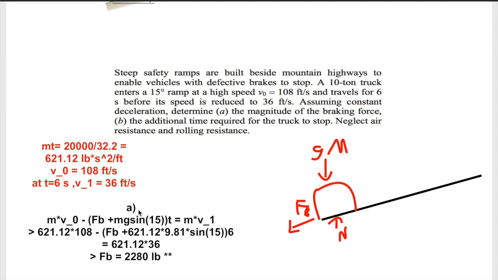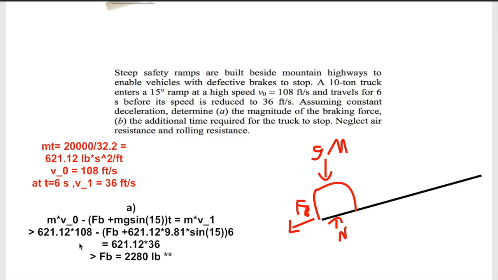So for part A, we know it has momentum. The beginning momentum, is the mass times the initial velocity minus the impulse equals this mass times the velocity at the end.